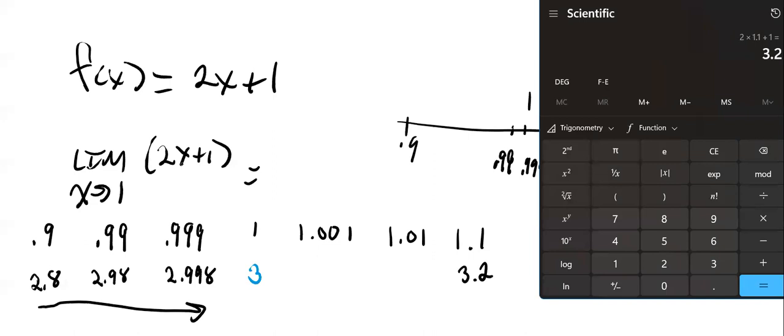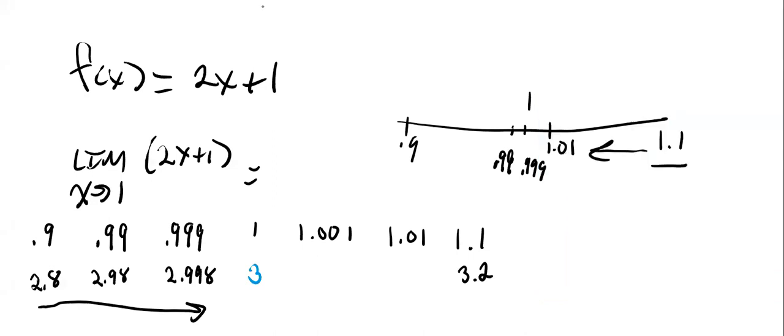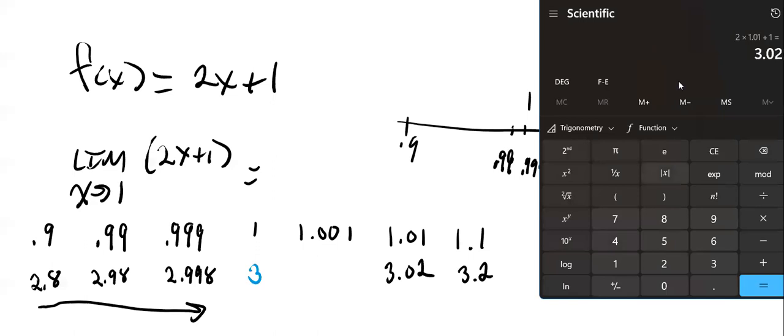So again, I'm taking my function 2x plus 1, and instead of the x, I'm plugging in my test number. 2 times 1.01 plus 1, we have 3.02. And the last one I'm going to use is a 1,000th of a unit away, very close to 1. So 2 times 1.001 plus 1 is 3.002.